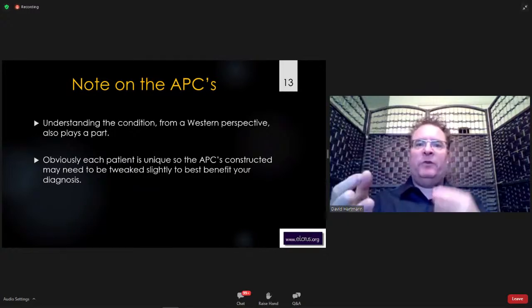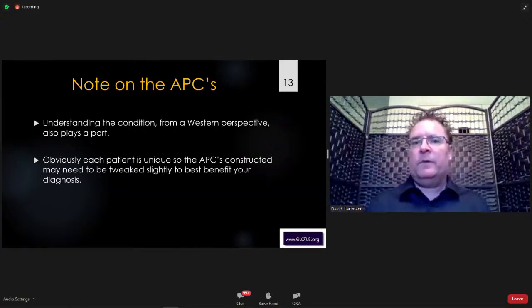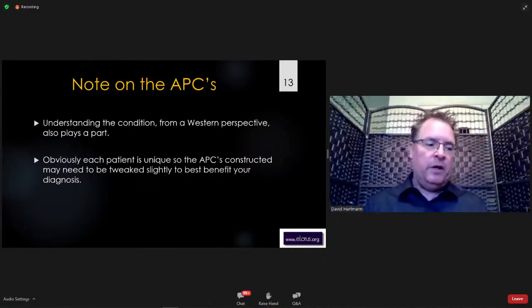We're just getting a better sense of how each one plays off one another. And for me, I consider that to be very important. And then, of course, based on whether you do local or distal points, whether you do bilateral, unilateral needling, the number of needles that you use, each point combination will be unique to you.